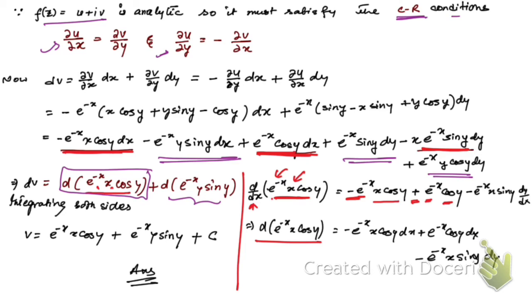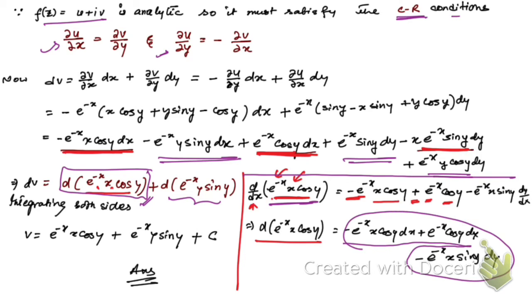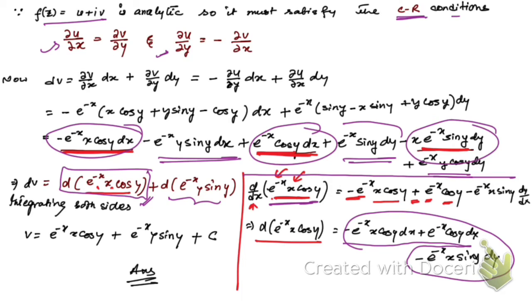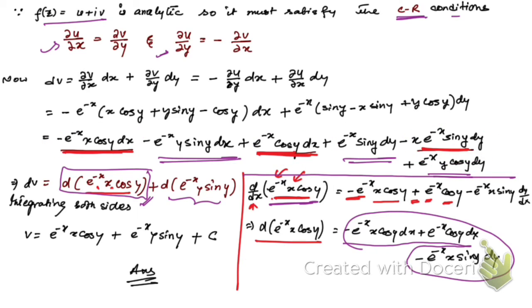If you differentiate this, then you're gonna get this one. So this is nothing but the sum of this one and this one, right? You can check yourself. Similarly, the sum of these three terms, this one and this one, is nothing but the derivative of e to the power minus x into y into sin y, right?